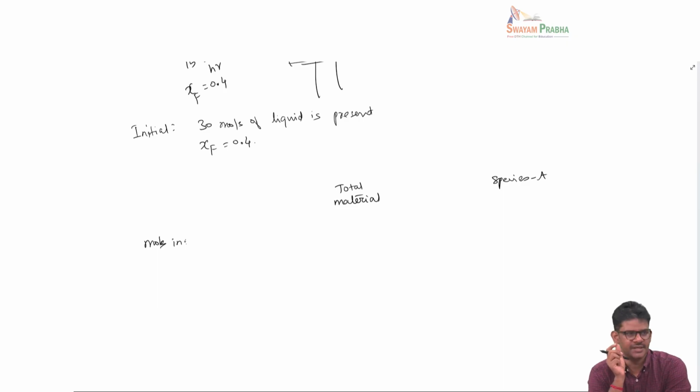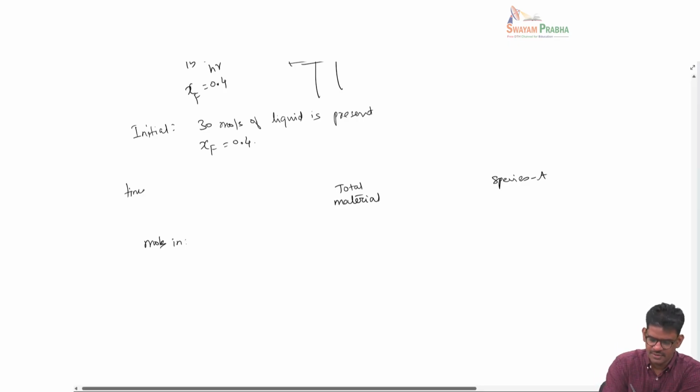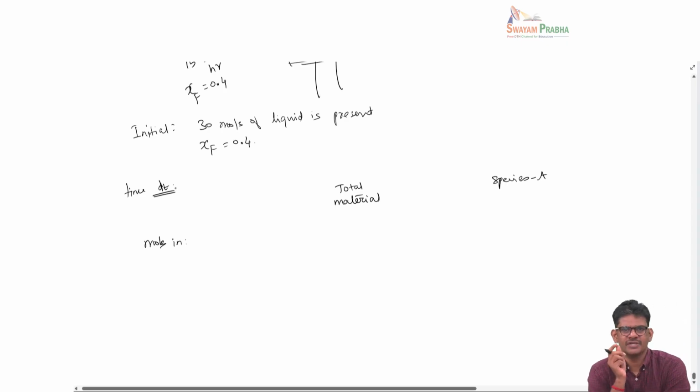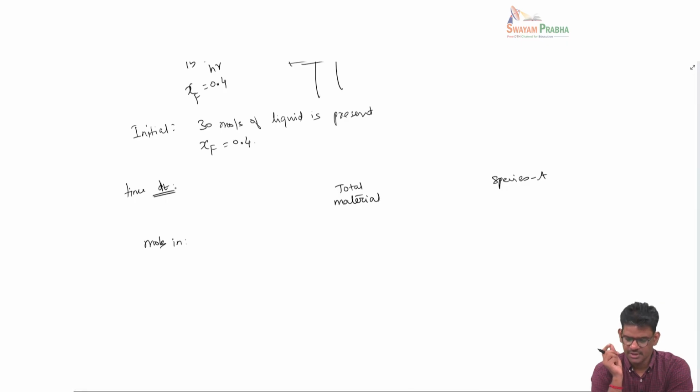In that time delta t, you ask what is coming in and what is going out. So I will take a small time dt. Over a small period of time dt, how many moles of the total material are coming into the entire system? When I say entire system, I am talking about everything.